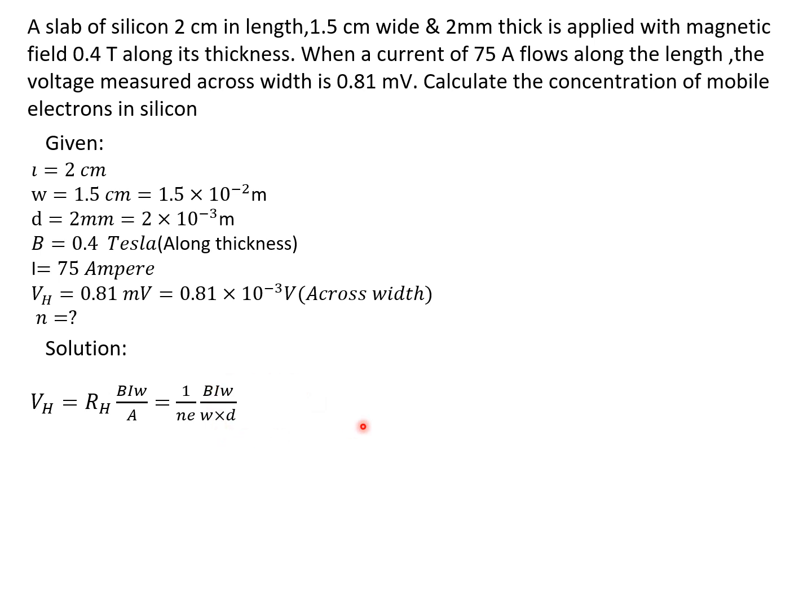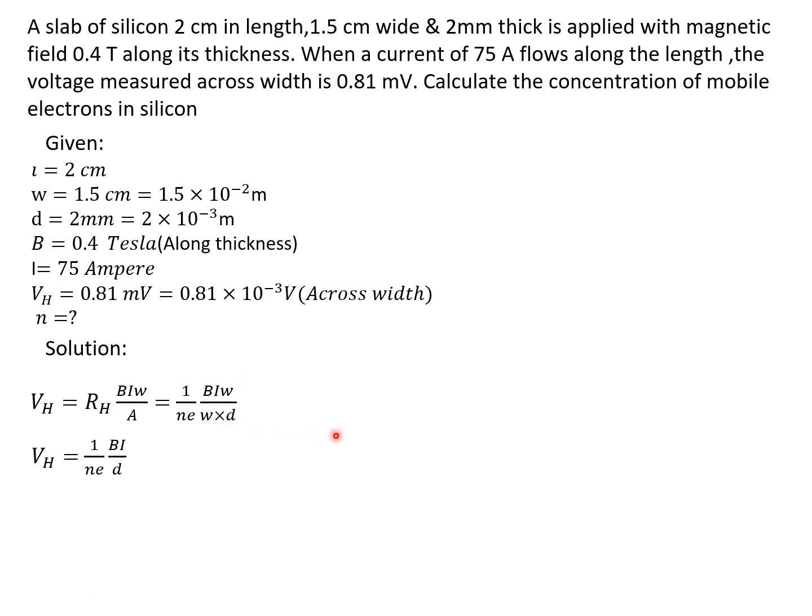Now we need to calculate charge carrier concentration N. So instead of RH we will write 1 upon NE, because we want to calculate charge carrier concentration. So this BIW upon A, where A is W into D, so that this W will get cancelled.